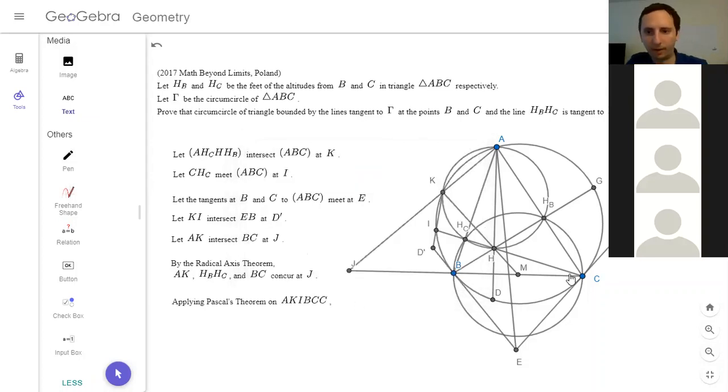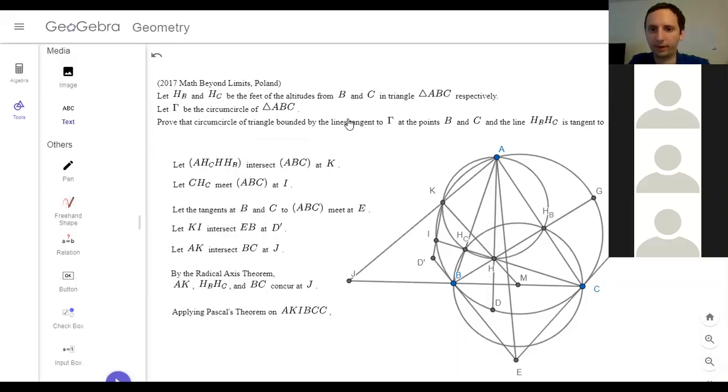Is that the right quadrilateral for D and F?